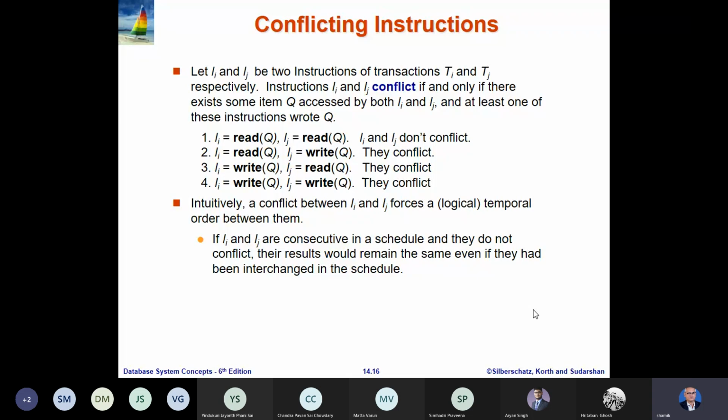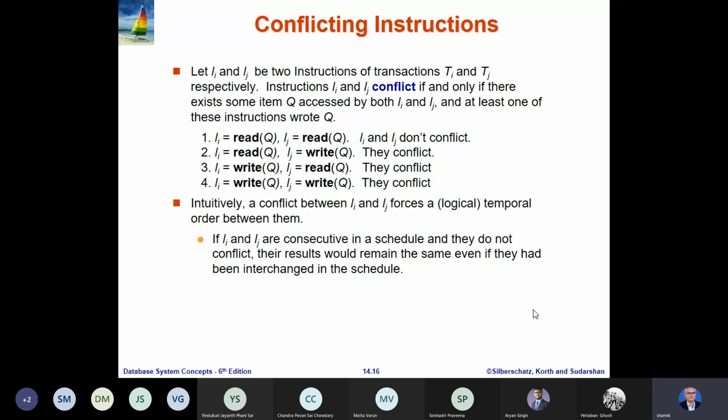Why? Let us take the value of Q to be 100. If Ii is read Q and Ij is write Q, then if Ii comes first, it will read the original value of Q, not the one written by Ij. But if Ij comes first and then Ii, Ij has written the new value of Q, and Ii is reading the new value.